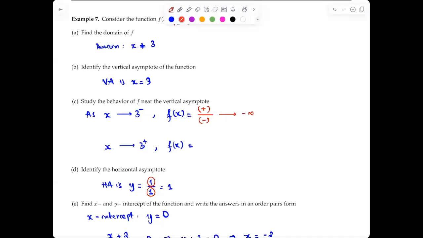On the right of 3, so that is greater than 3. It's positive. Let's try 3.0001 minus 3, which is positive. So positive over positive gives you positive. Therefore, as x approaches 3 from the right, the function approaches positive infinity.